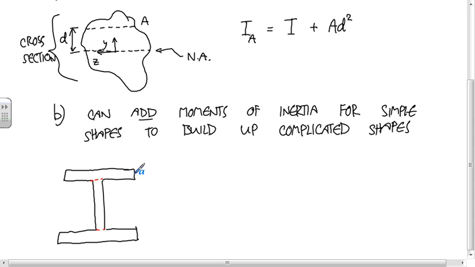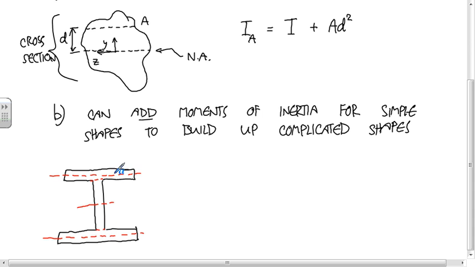The problem is the formula gives us the moment of inertia of the top rectangle about this axis, the middle rectangle about this axis, and the bottom rectangle about this axis. But we need the moment of inertia of each one about the neutral axis of the whole shape.